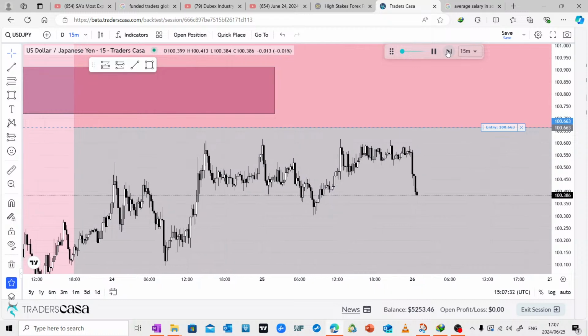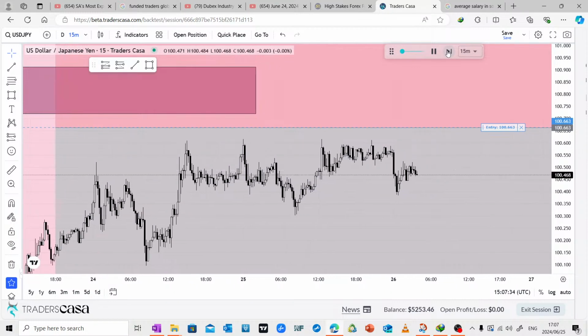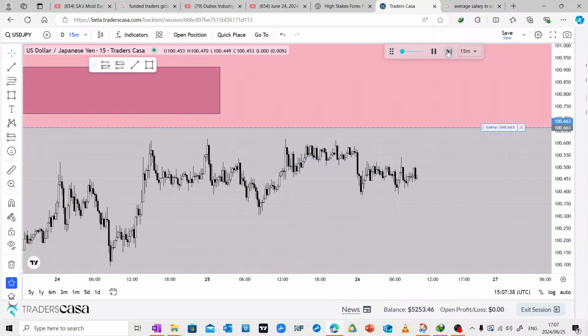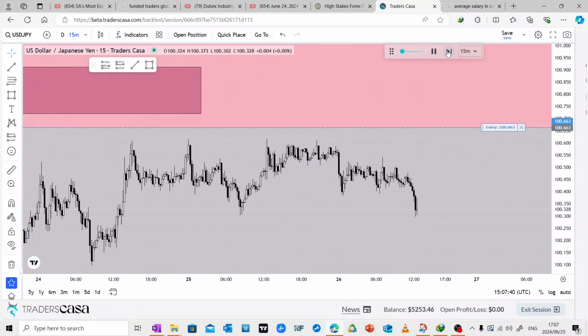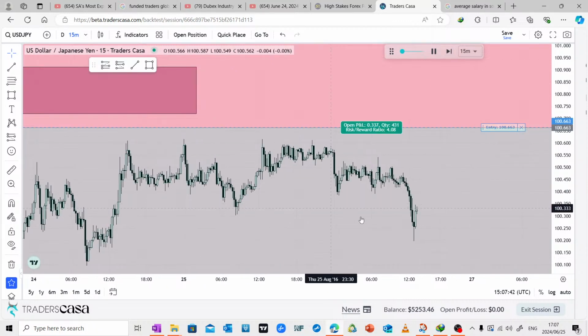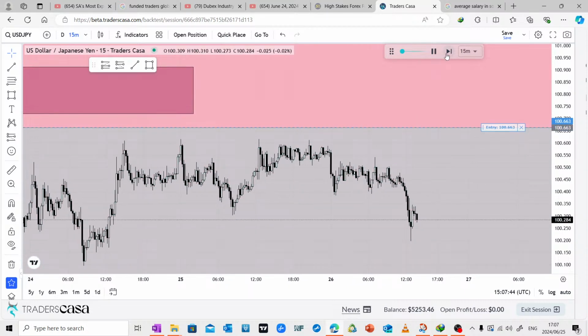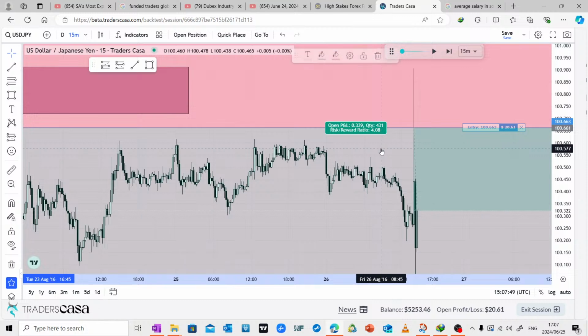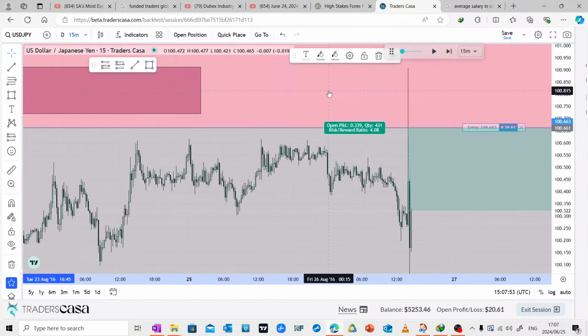Almost getting tagged in, and no. Market levels lower, so I feel like, boom, tagged in. Shit. You can see this was a news event, bruh. This was a news event. Let's check what news event was there.